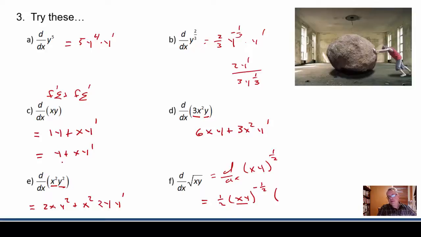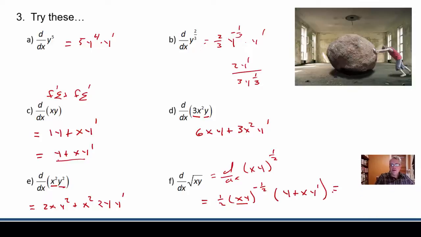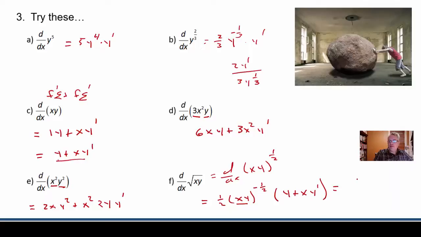Actually, that's what we figured out over here, so I'm just going to copy that. But we need the product rule for that. So it'd be y plus x y prime. So altogether, we have y plus x y prime in the numerator, and we have a 2 in the denominator, and this is going to go in the denominator for 2 square root of xy. That was definitely the most tricky.